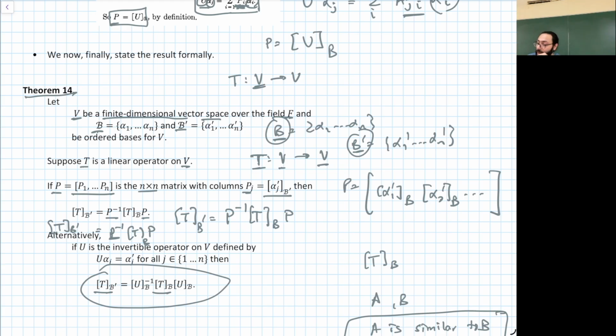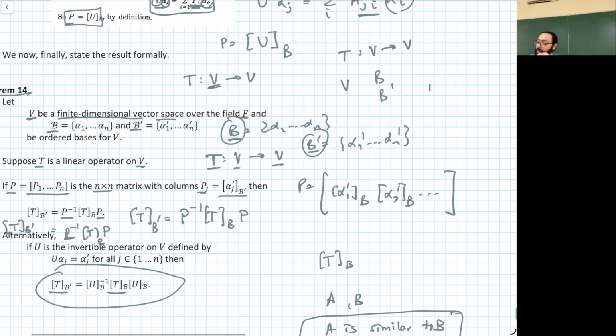You have the same linear operator T going from V to V, and for V you have two bases. B is a basis and B prime is a basis, with the same vector space. Now your question is, how is the representation of T relative to B related to the representation of T relative to B prime?